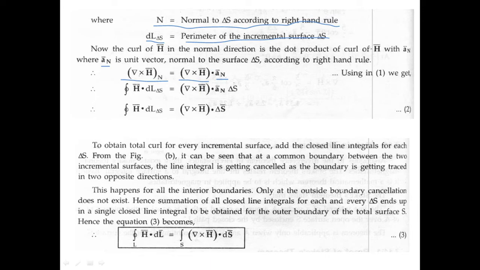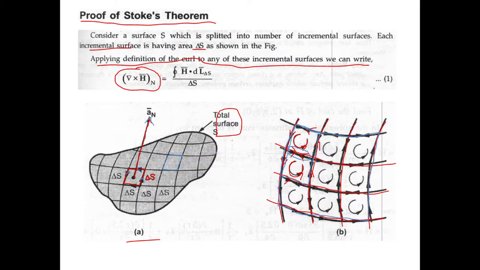Now this curl of h vector normal to the direction, I'll take it as, from what we had derived, the closed integral of h vector dot dl divided by delta s.